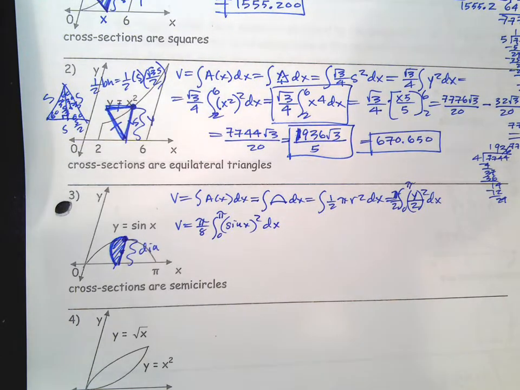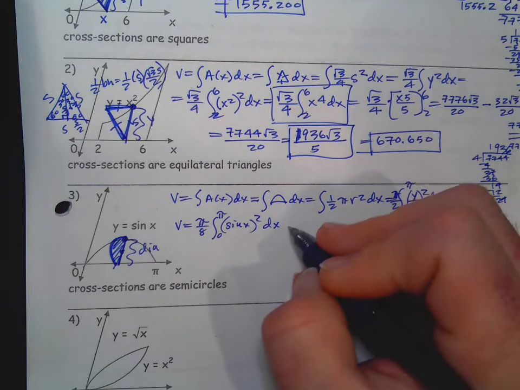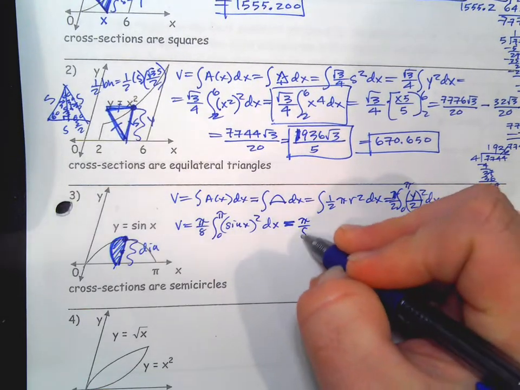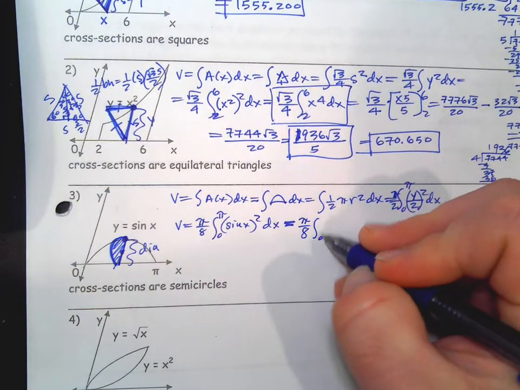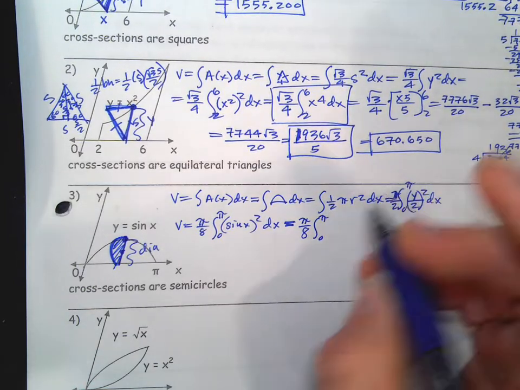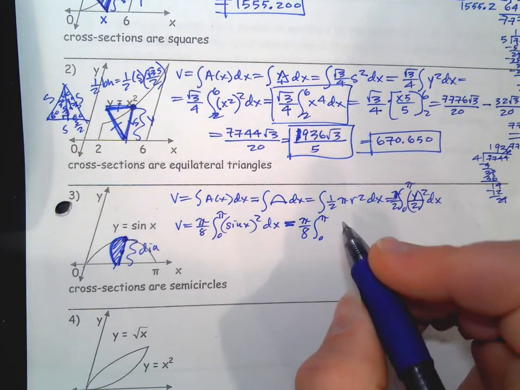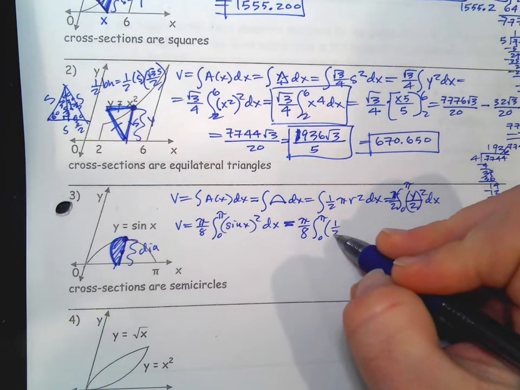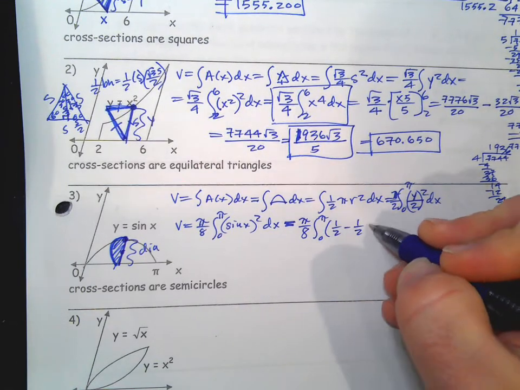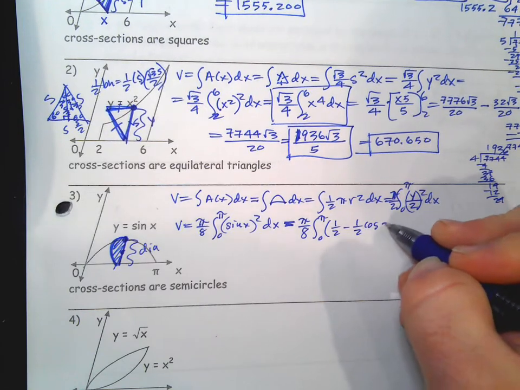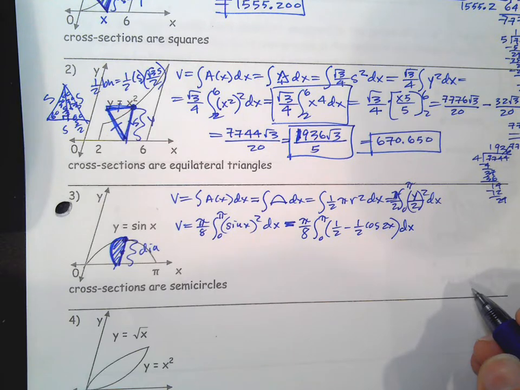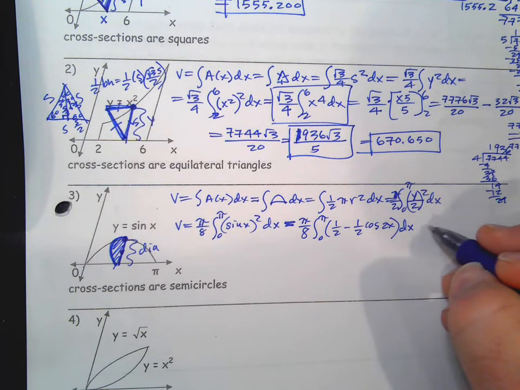Now, you guys don't know how to integrate sine squared. But in Calc BC, we use an identity for sine squared. Sine squared is the same thing as 1/2 minus 1/2 cosine 2x. So we're using a double angle identity for cosine, which can be written in terms of sine squared, to get something that we can actually integrate.